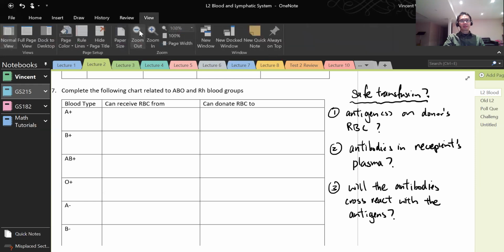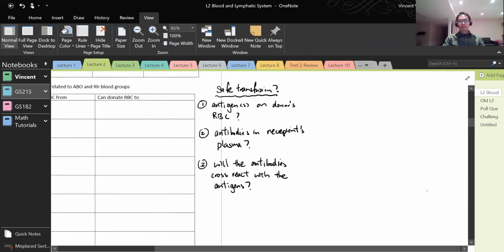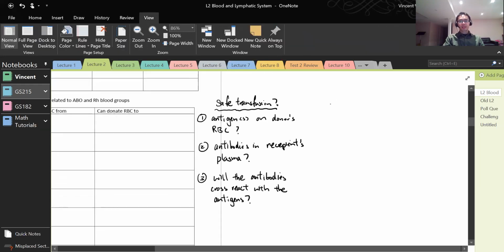Okay. So let's just do a very simple question here. Let's say I take A blood and give it to an AB person. This is the donor. This is the recipient. Is this safe or not safe?